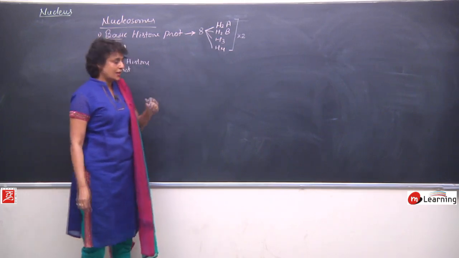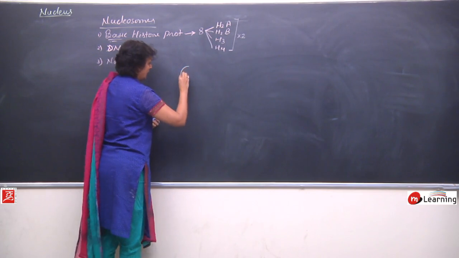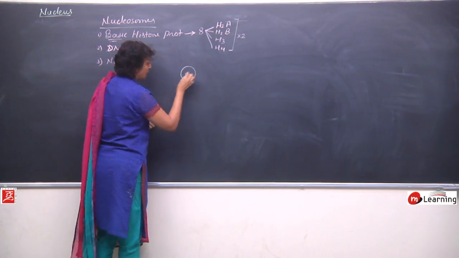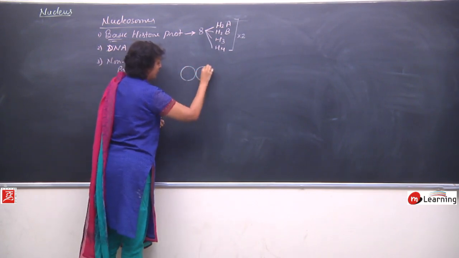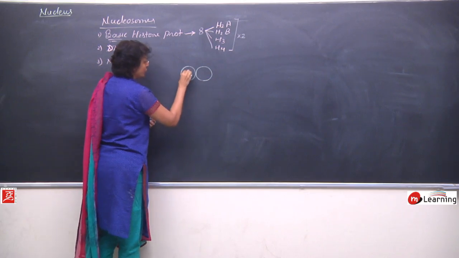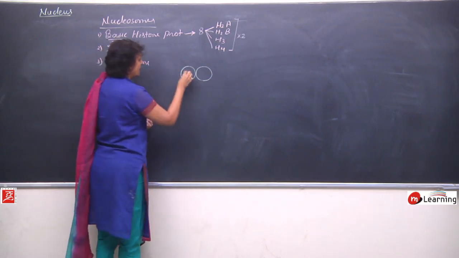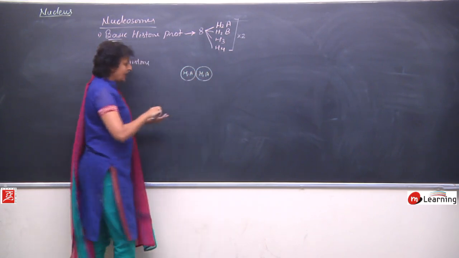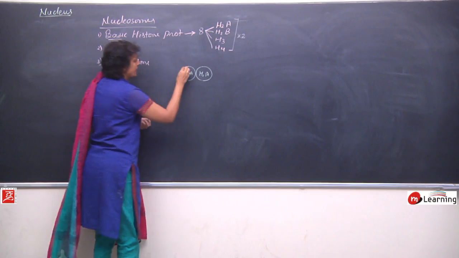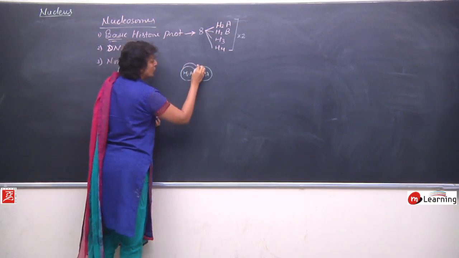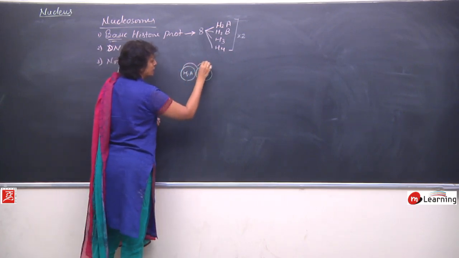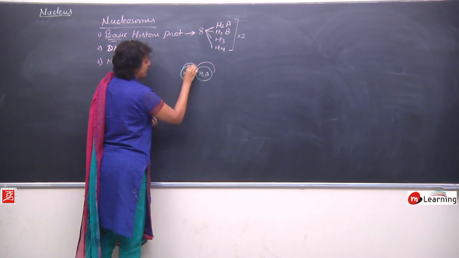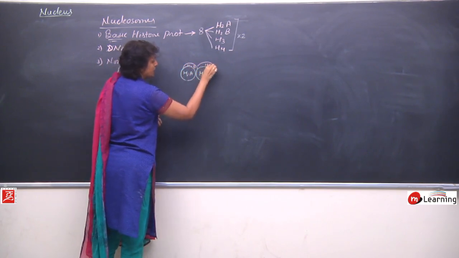How are these histones arranged? These 2 in the front upper half are H2As. Behind these H2As, there are 2 more, this one behind this one. This is H2B, H2B.